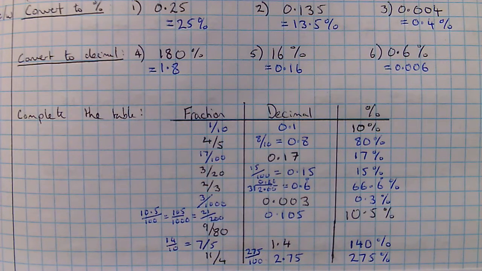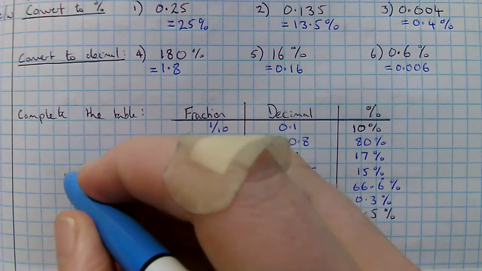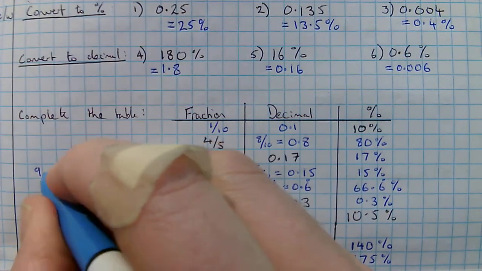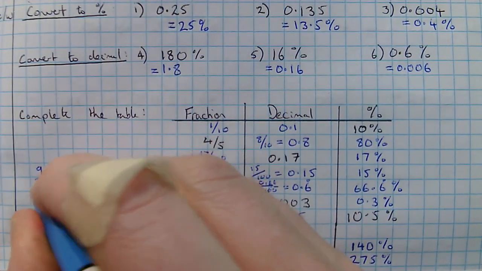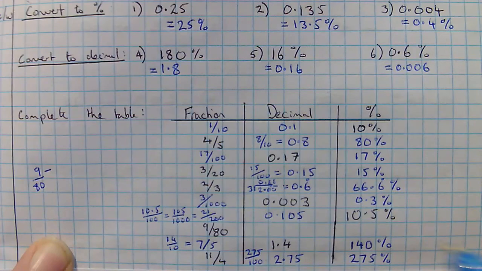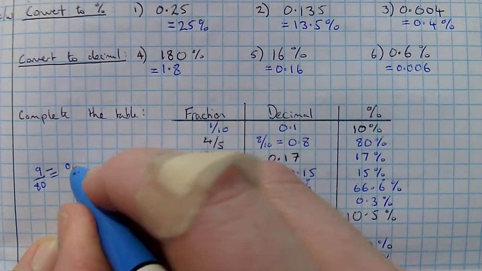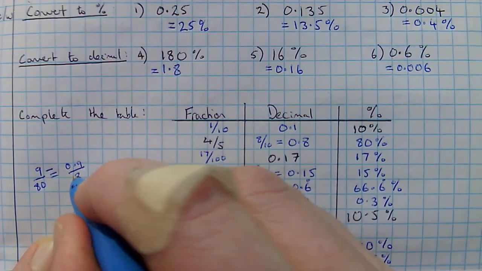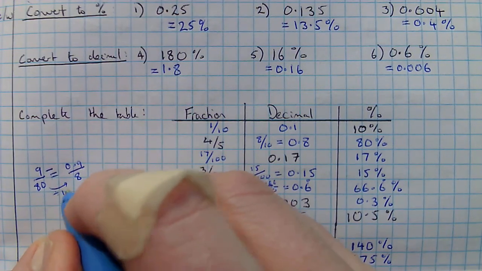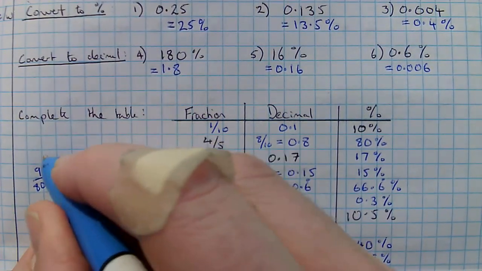The 9 out of 80, so you could do 9 divided by 80. Divided by 80 is a bit of a pain. So what I would suggest is rather than doing 9 divided by 80, you do 0.9 divided by 8, because you've just divided top and bottom by 10. Dividing by 8 is much easier.